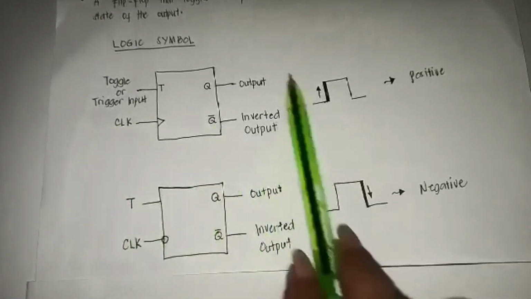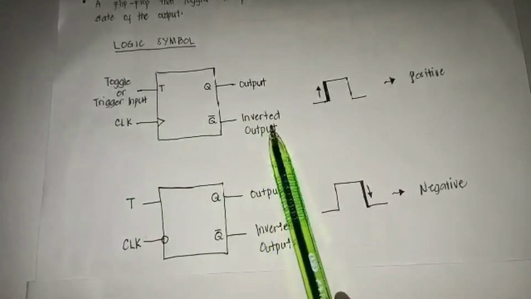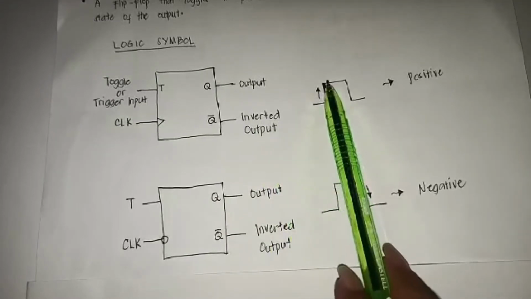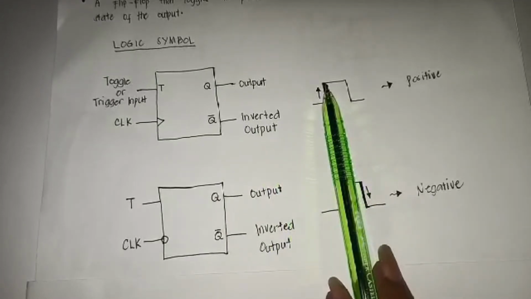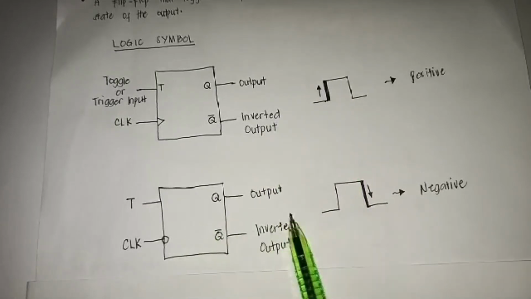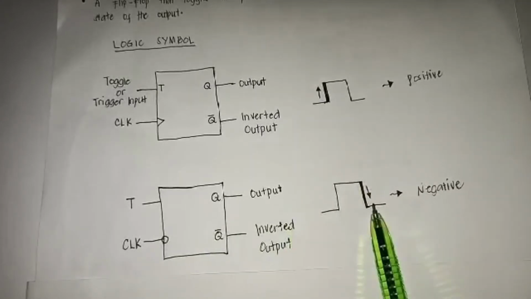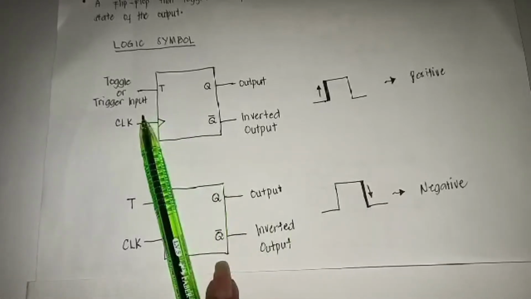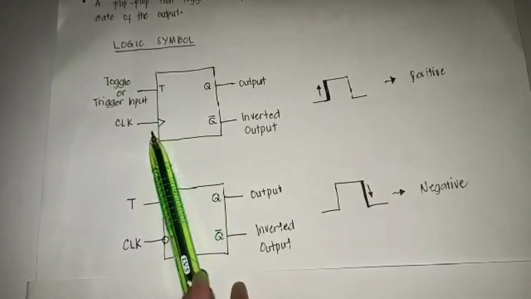The first symbol here is a positive pulse edge triggering, which only responds to a low to high transition of the clock pulse. The second is a negative pulse edge triggering, which only responds to a high to low transition of the clock pulse, represented by the small circle here. The positive pulse edge triggering is represented by a small triangle here.